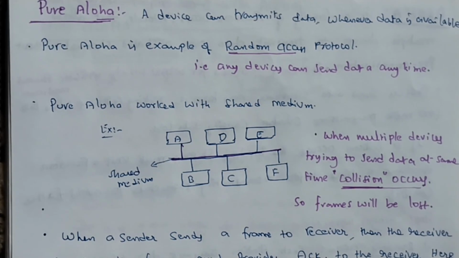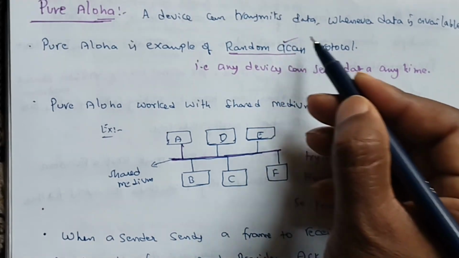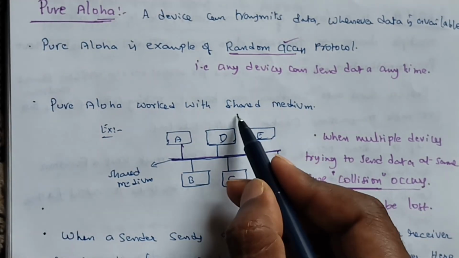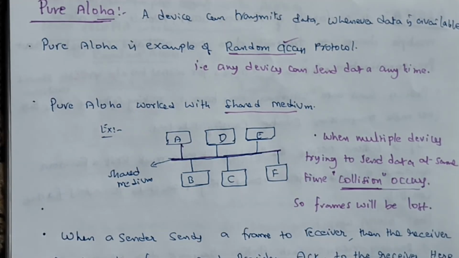Pure Aloha is an example of a random access protocol. What is the meaning of random access protocol? The devices can send the data at any time. Pure Aloha works with a shared medium.